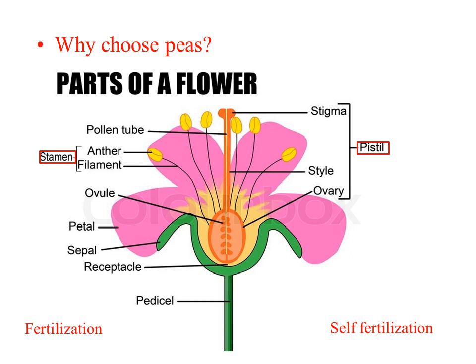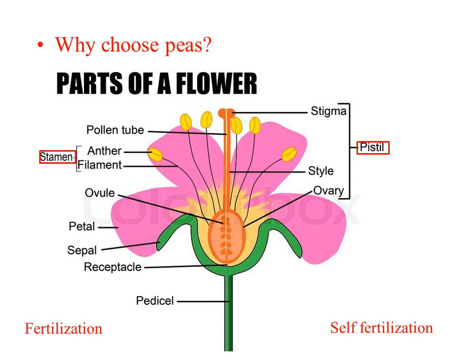Why did Gregor Mendel choose the pea? Well, you have to look at the anatomy of the flower, which is the reproductive part of the pea plant. So the pea plant is a plant that will produce a flower. We call it a flowering plant.